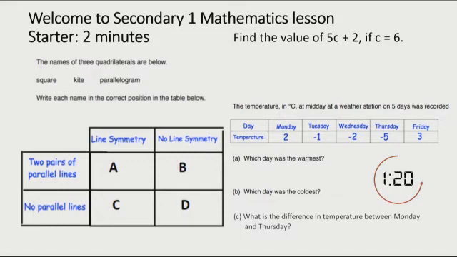What does that mean to have 5C? Remember, when we talk about value, we're talking about a number. You give your answer in terms of a number. And your third question is looking at temperature using negative and positive. Have a look at that.